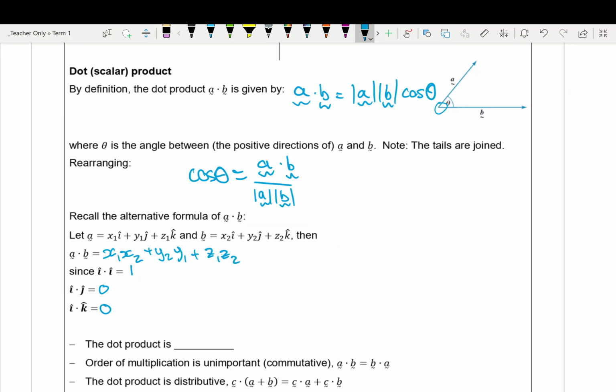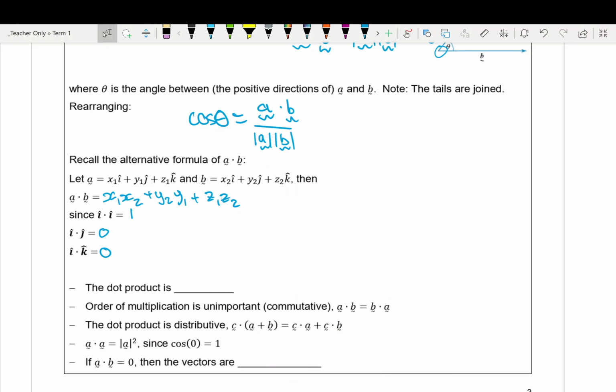So if we were to distribute the dot product to A and B, basically when I is distributed to a term that has j or k, that term goes to 0. So all we're left with is the I terms together, the j terms together, and the k terms together, which give us the product of those coefficients.